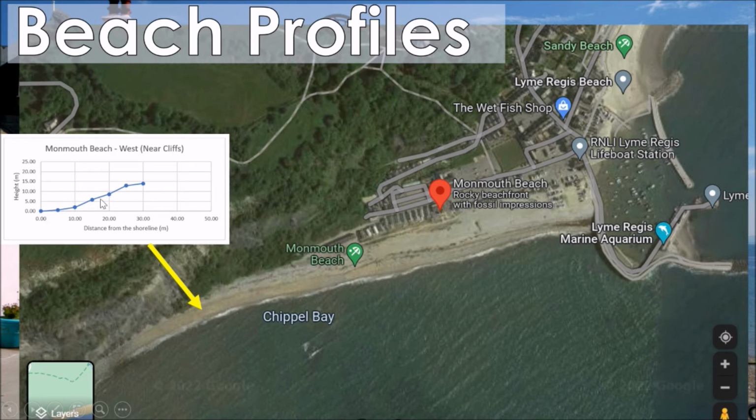You can see here that the beach is quite steep, I suppose, but it's not very long, is it? It is much narrower than what we expected to find in some areas, which is why your data sheets went up to 50 metres. So this student or group of students from whom I have stolen this data actually had to stop at 30 metres because it then became unsafe. You were pretty much at the cliffs.